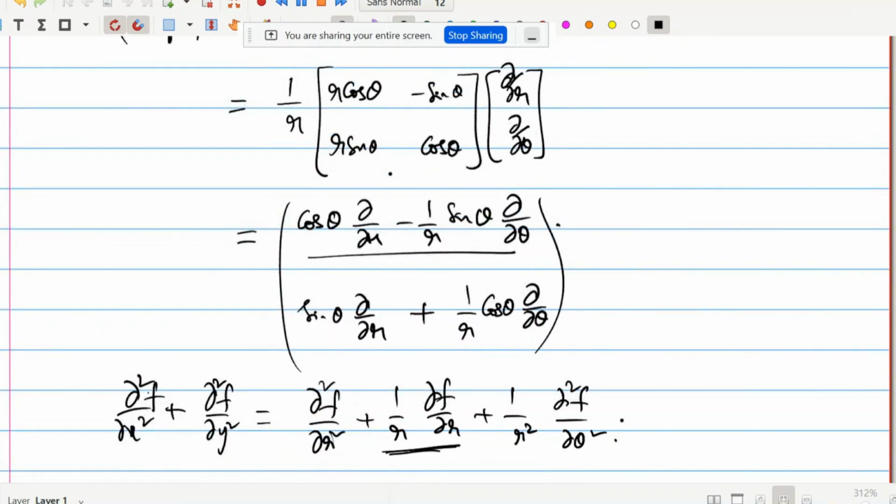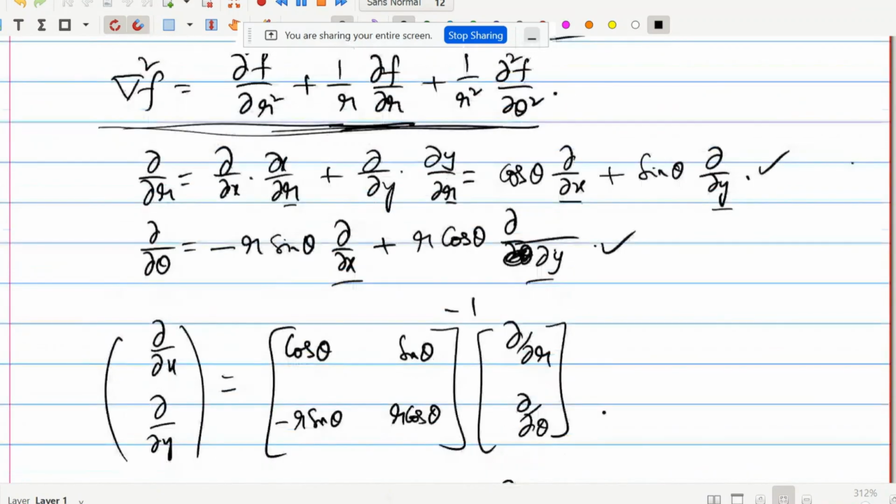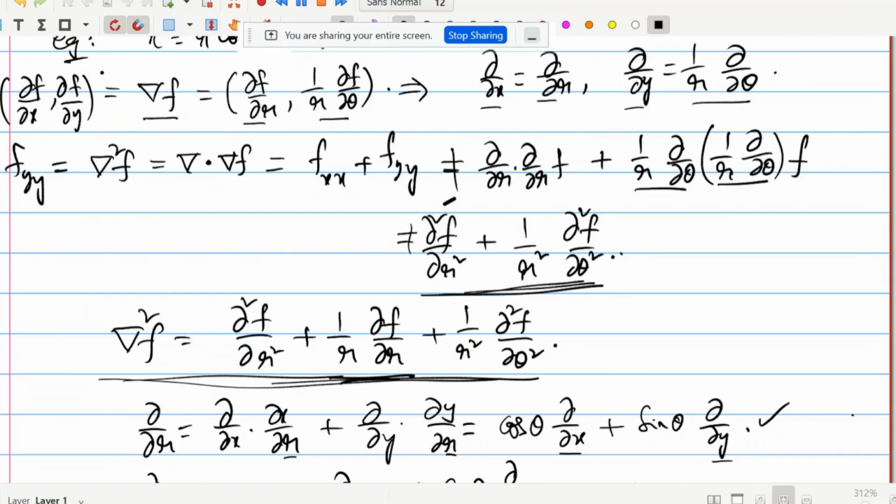So here you didn't miss this one. How do you miss that if you directly use the gradient of f? You may think that ∂/∂x is equal to this and ∂/∂y is this, but what you got is different, no? You can't equate, right?